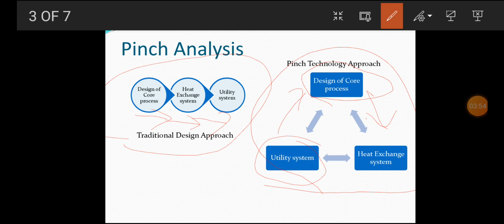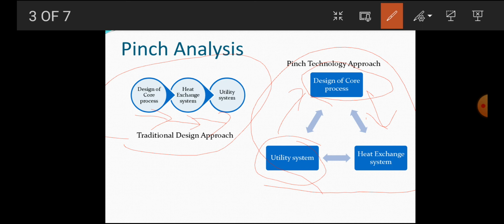This pinch analysis is used to identify the energy cost, heat exchanger network, capital cost, targets for a process, and recognize the pinch point.